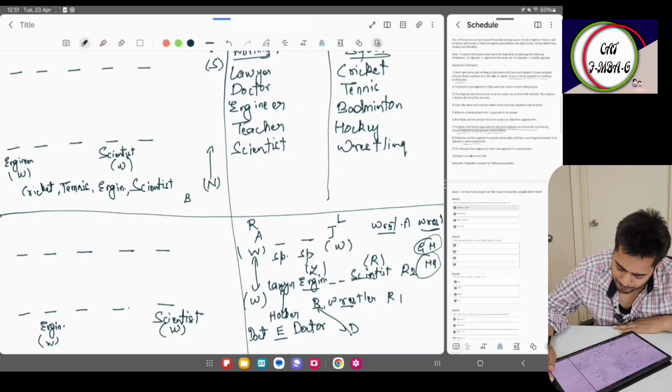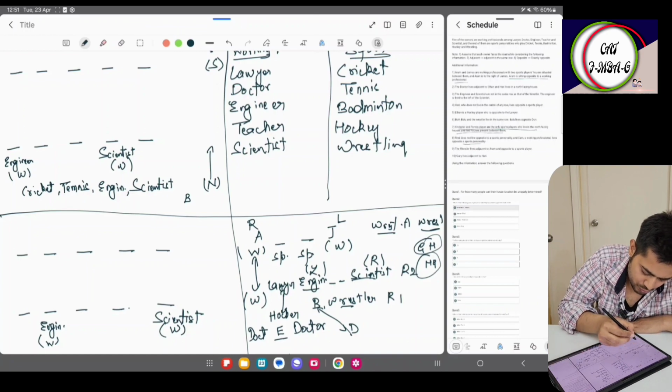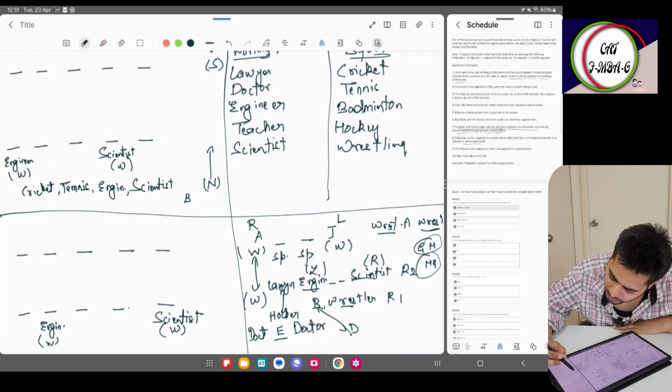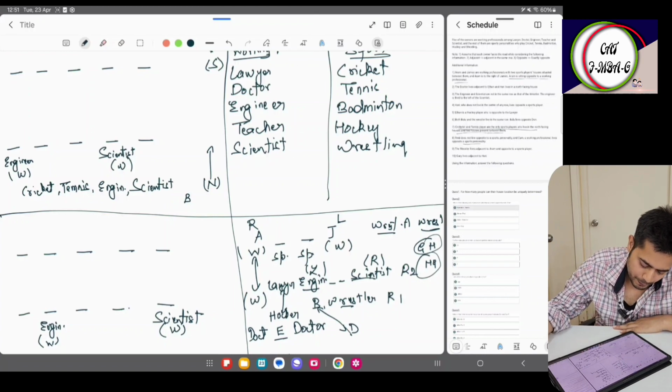Also it is given that cricket and tennis are the two sports persons in north, the only sports persons who live in north, and two houses are present in between them. Okay.